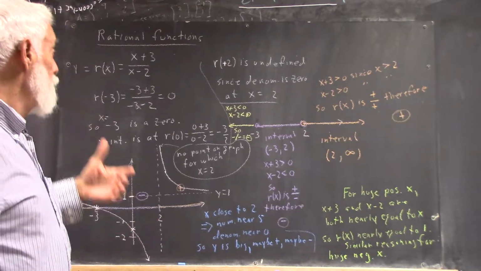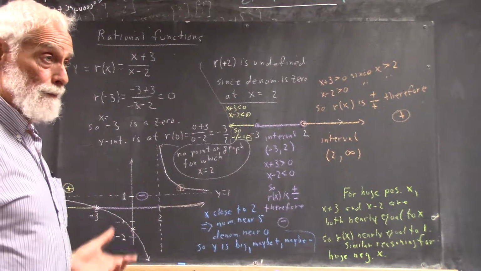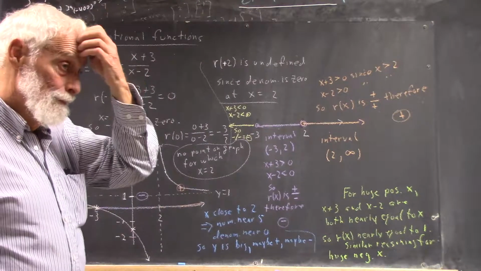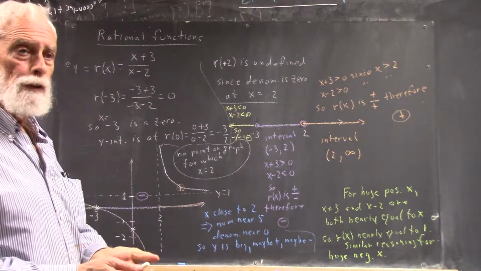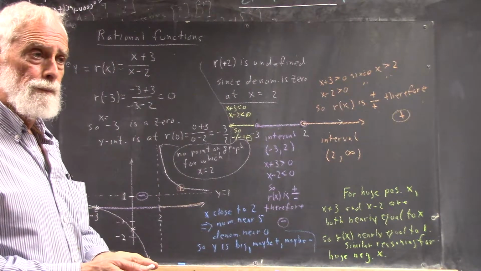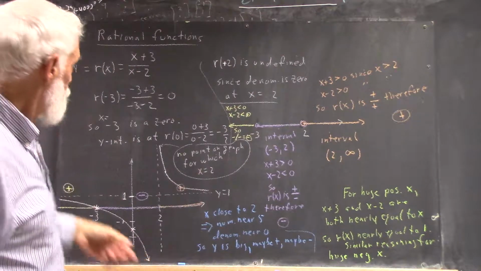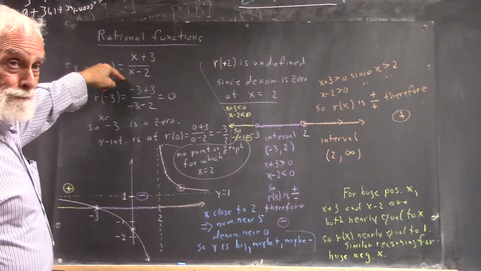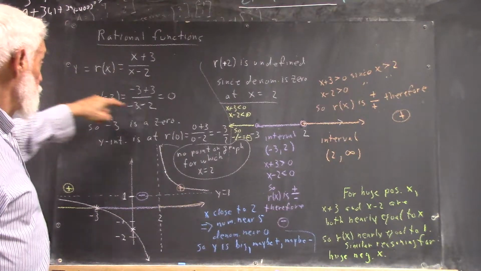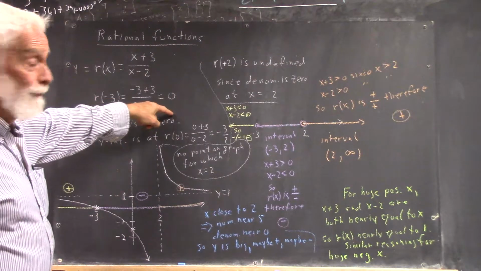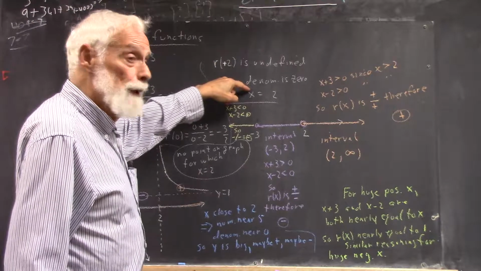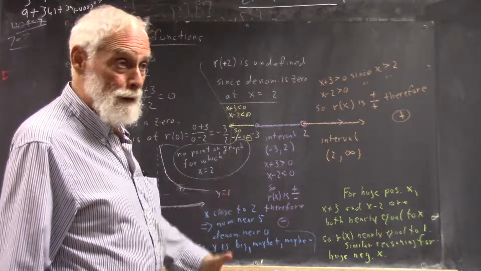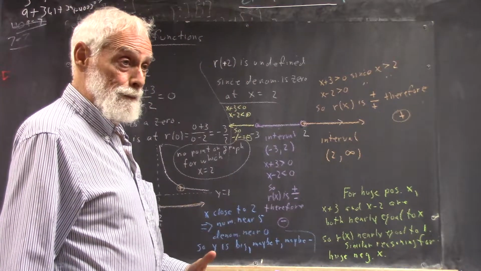So to solve one of these problems, you have a rational function. What's the first thing we did? Well, we noticed where the numerator was 0, where the denominator was 0. Numerator 0 gives us a 0. Denominator 0 makes it undefined, so we're going to end up with a vertical asymptote.